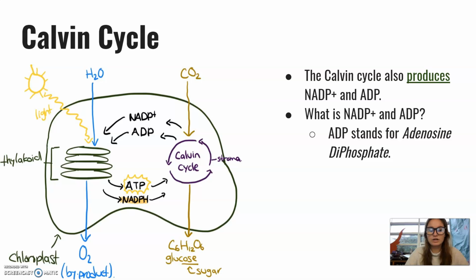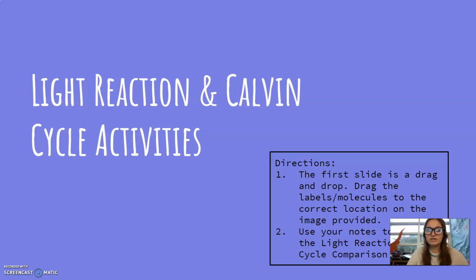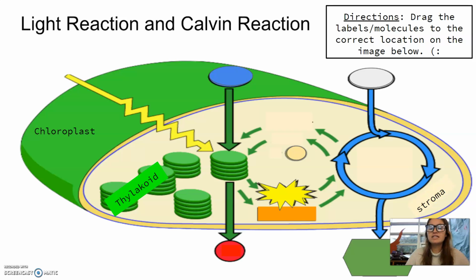Okay, so we are going to jump into the next video to review the following activities, but what I would like you to do before you watch that is first read the directions here. Our first activity is just a quick drag and drop. It's just to give us a visual of what we've discussed. So please label where the light reaction occurs, the reactants involved in the light reaction, as well as the products. And then move on to the Calvin cycle.